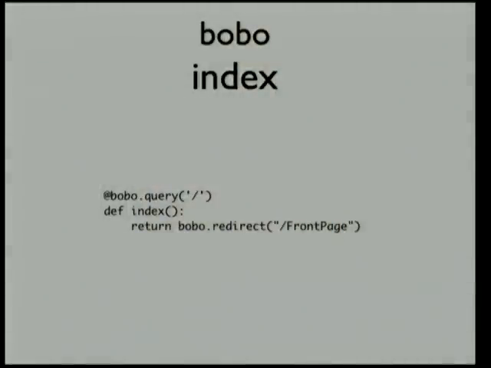So this is kind of what the top level index function looks like in Bobo. This is basically saying, if we match a URL that's just a slash, then call this thing. And then we return the Bobo redirect. Bobo here is the module, by the way. I've imported Bobo, and this is the module.